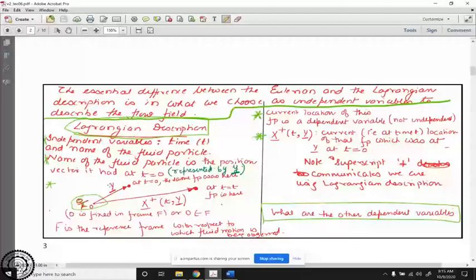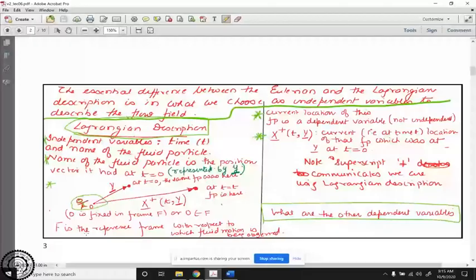I am interested in that guy who 10 years ago was in Mumbai. And then you can say, now I'm interested in that guy who 10 years ago was in Ranchi or in Bhopal. So where they were at t equals 0 gives them the name, and you put that tag on their forehead. This is how we are identifying fluid particles.